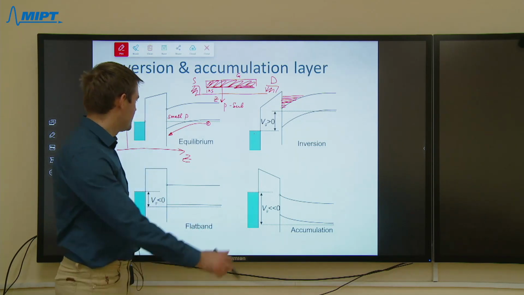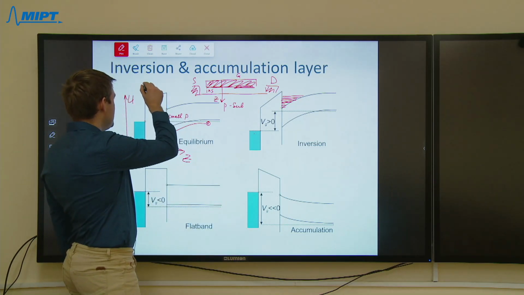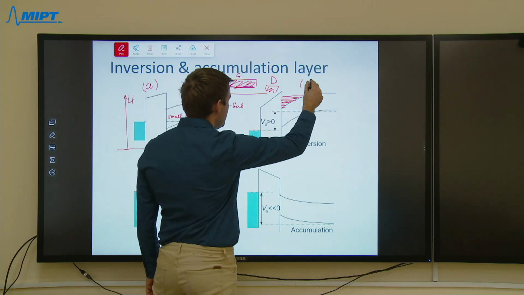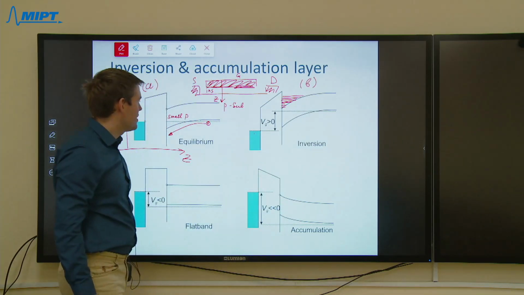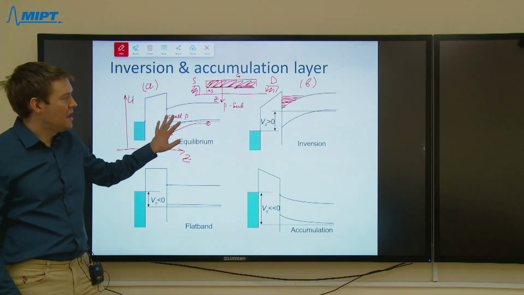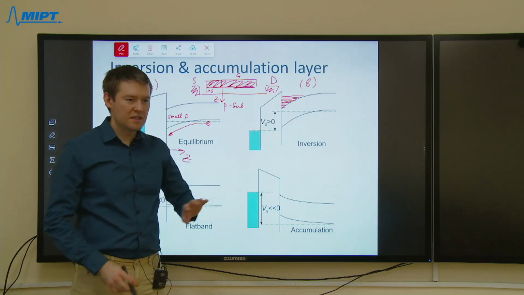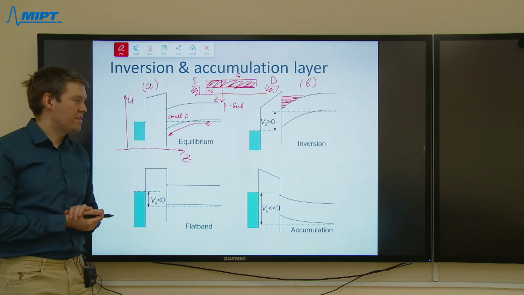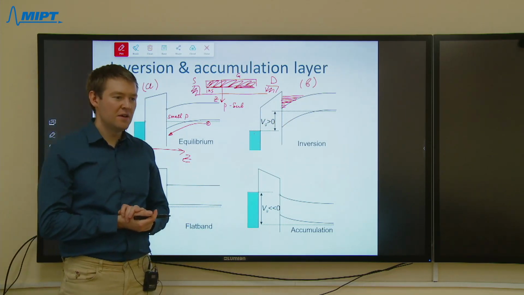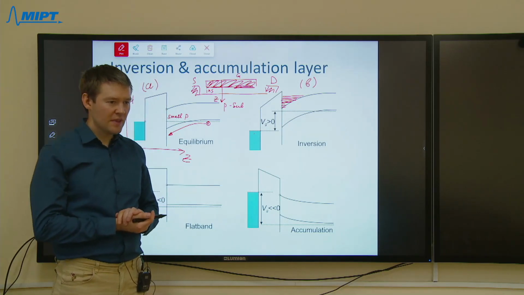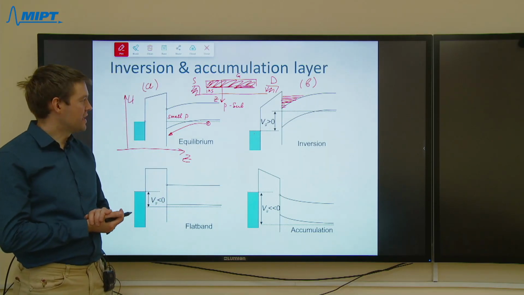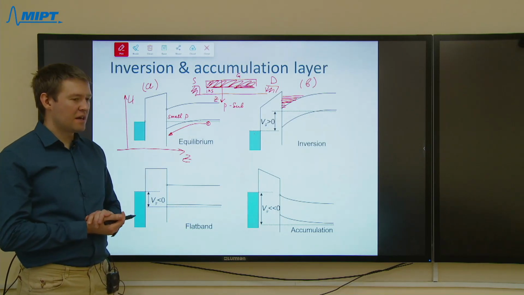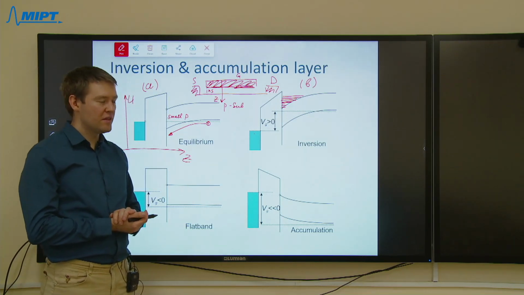We will be interested most in the situations like A and B, in the off state and in the on state. Let us try to develop a theory for conductivity in this field effect transistor, which can cover both the off state and the on state.